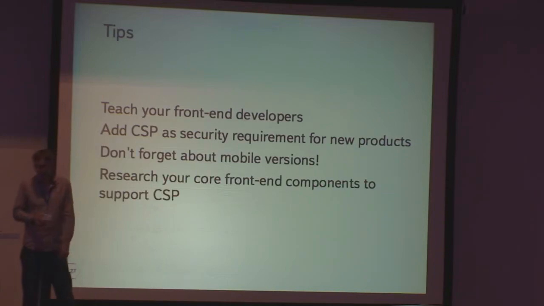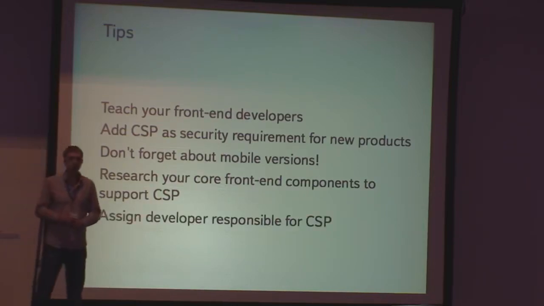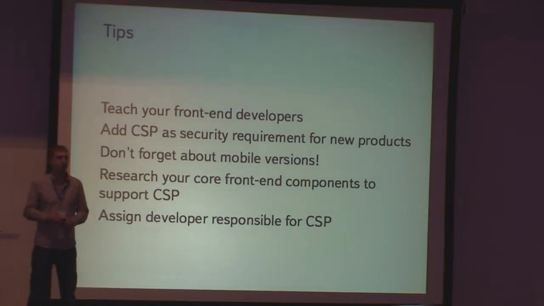It's also very important to research the core components or core libraries of your web application and try to find which parts of them will break content security policy. After that, you need to talk with your developers and try to fix it. And it will be great if you have a responsible developer in each project for content security policy implementation.